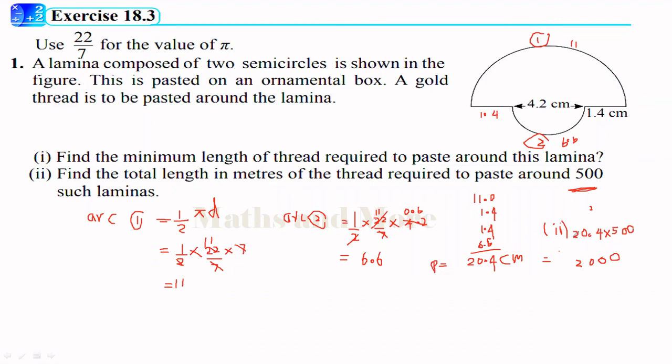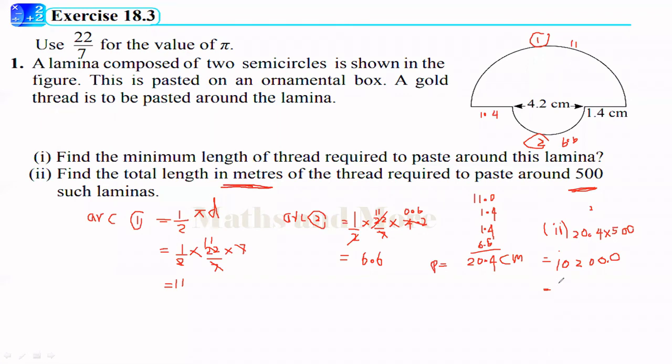Now 5 into this 2, 10. But in this answer, you have to separate one decimal place because there's one decimal place here. Separate one decimal place. But this value is in centimeters. You have to find the answer in meters.